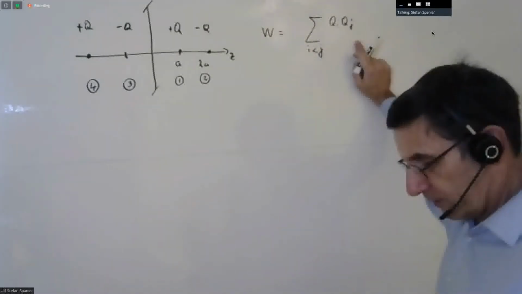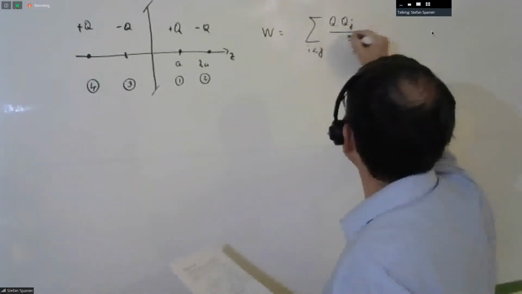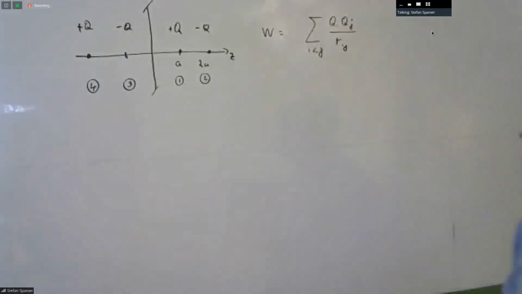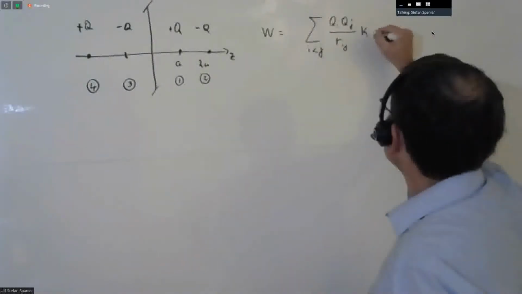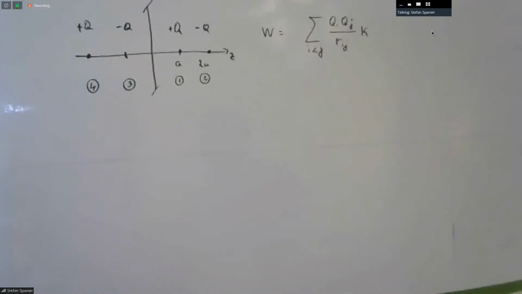The potential is given as Qj over the distance between them, r_ij, and then I multiply this by charge Qi. K, our proportionality constant, or 1 over 4 pi epsilon 0. Is this complete or not?